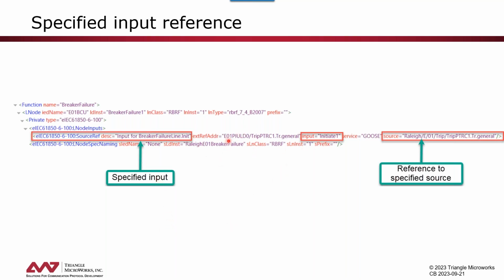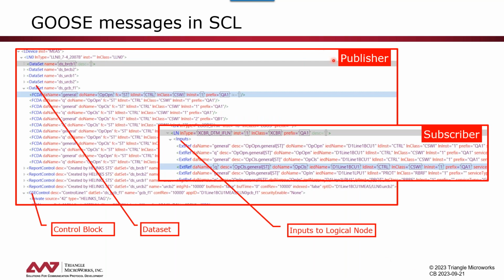So here we see the XRef address that points to where this specified input is realized. Also in SCL, once we have realized the interaction with GOOSE, we can document how the GOOSE publisher, how the message is constructed, what is the control block, what is the data set, and the subscriber that receives the signal through our XRefs.